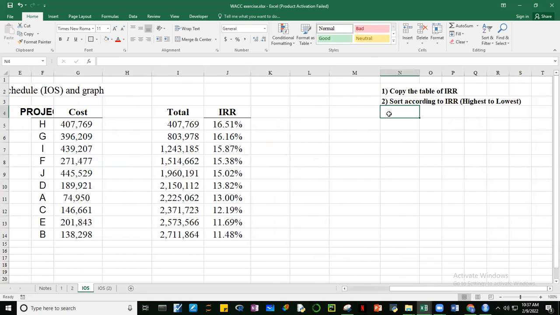Lagyan natin dito 3, cumulate cost. Cumulate cost, and then separate. Copy as values and then separate.